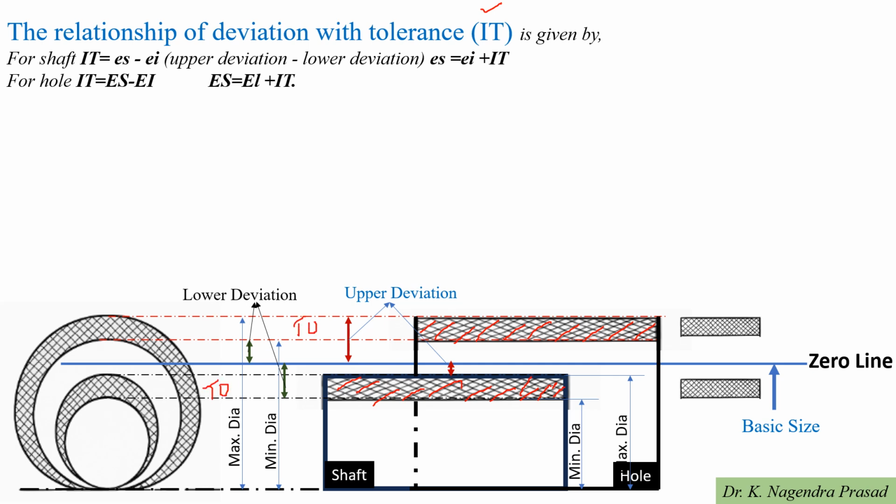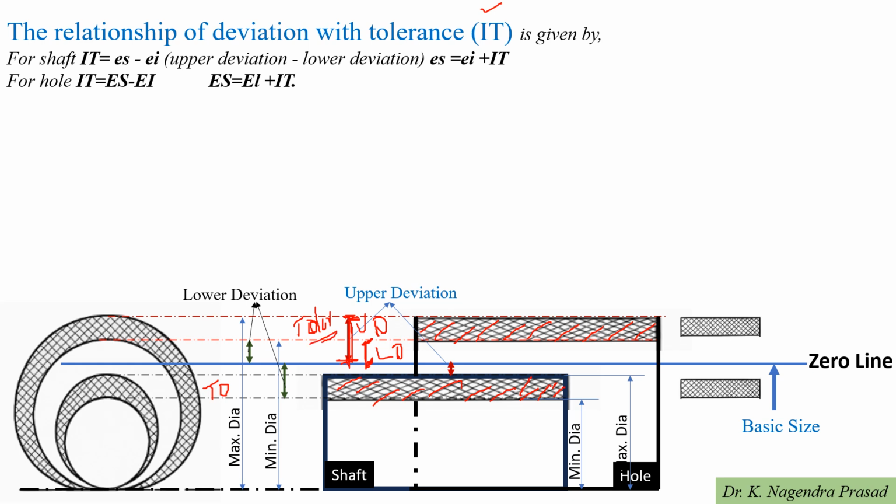Now we have to see the relationship between this tolerance and the deviations. First I have to look at the hole. This is the tolerance zone, this is the upper deviation and this is the lower deviation. The upper deviation is the difference between the upper limit and the basic size, and similarly the lower deviation is the difference between the lower limit and the basic size.